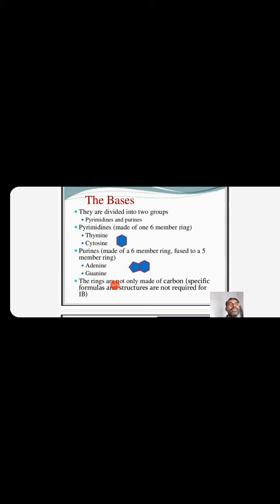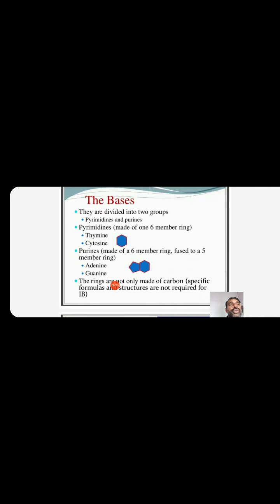Next, the nitrogen bases are mainly of two types, called pyrimidines and purines. The pyrimidines are made up of one six-member ring, looking like a hexagonal shape.